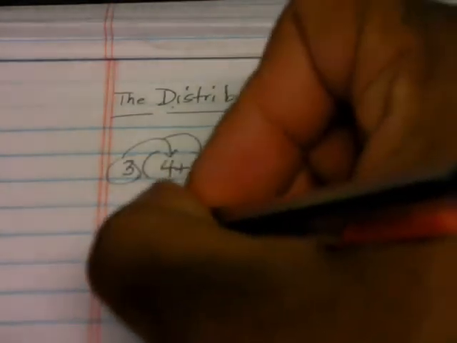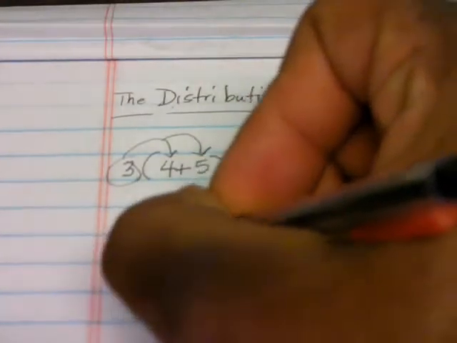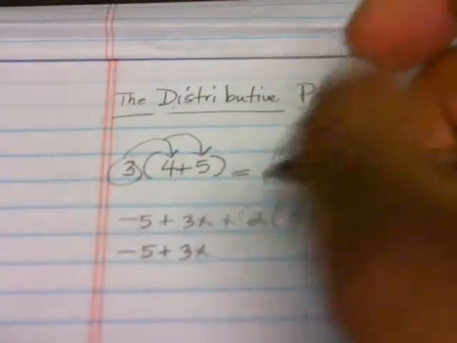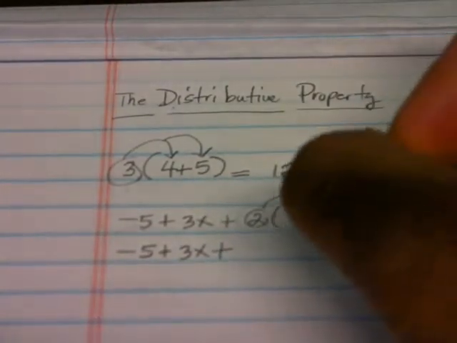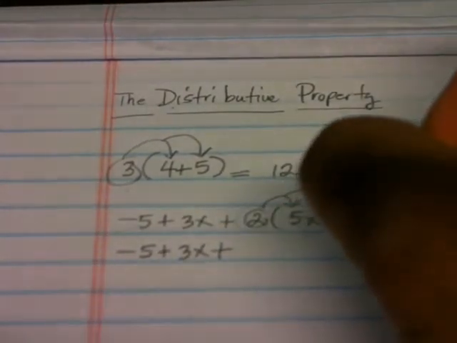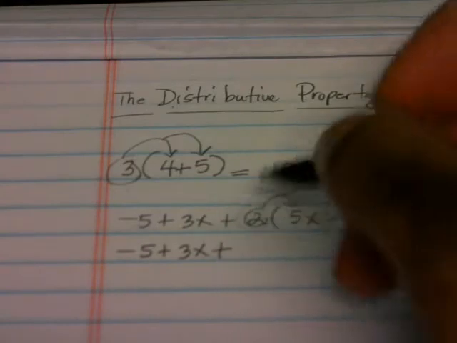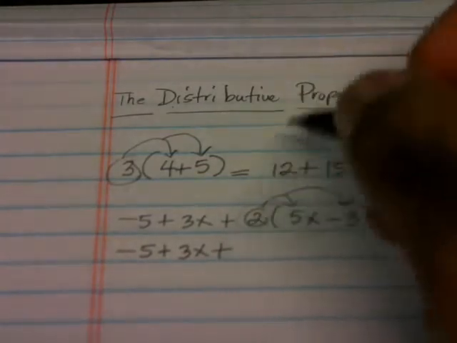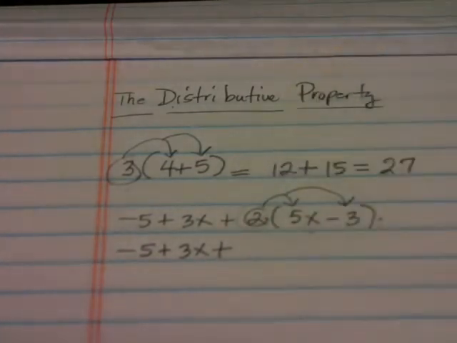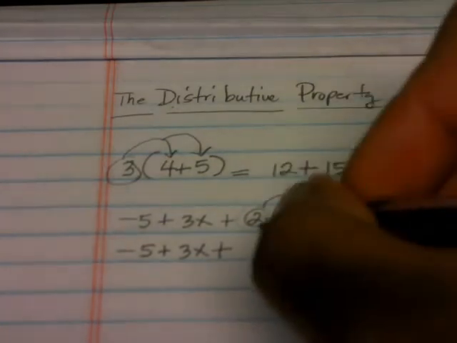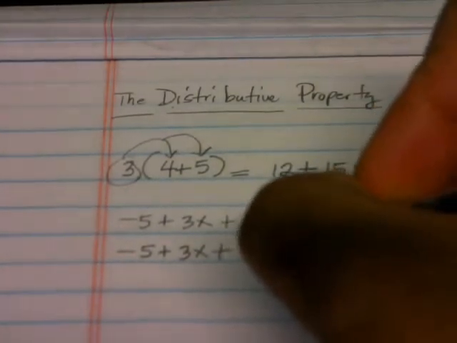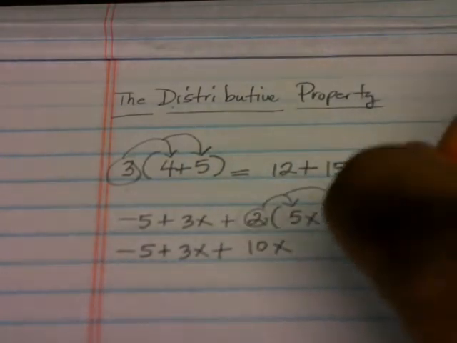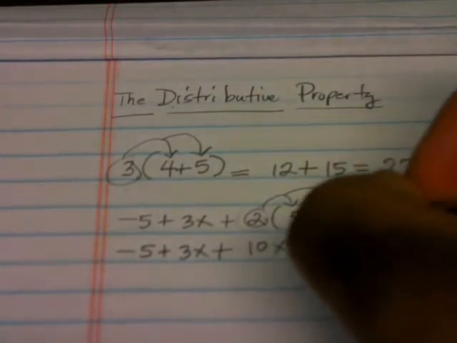So I'm going to write this over. Negative 5 plus 3x, plus, I'm going to distribute 2 to these terms. Notice when you're distributing, you're only distributing to the factors, the coefficients. 2 times 5x will give you 10x. 2 times negative 3 would give you a negative 6.